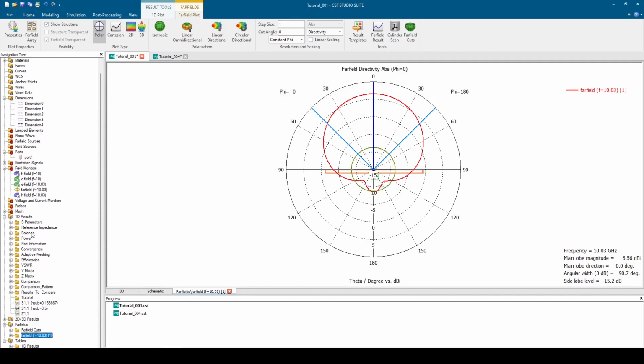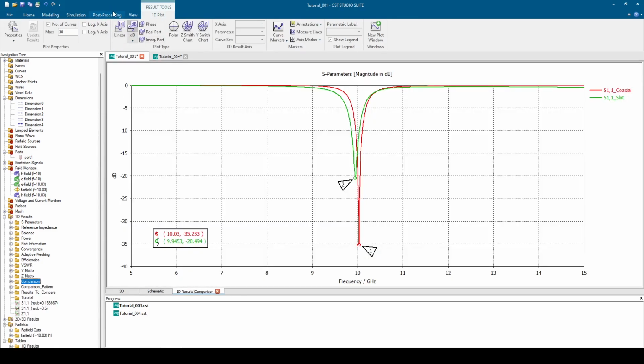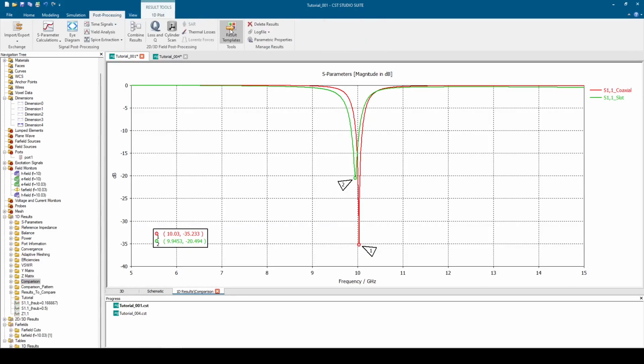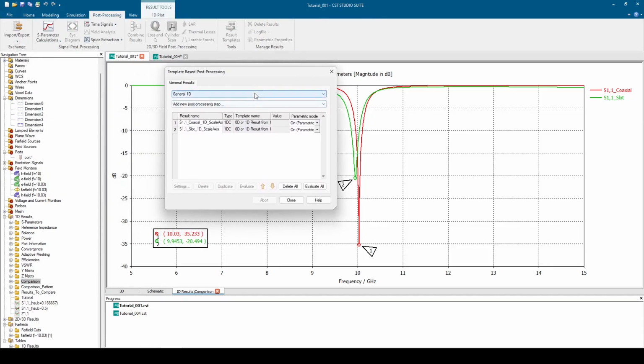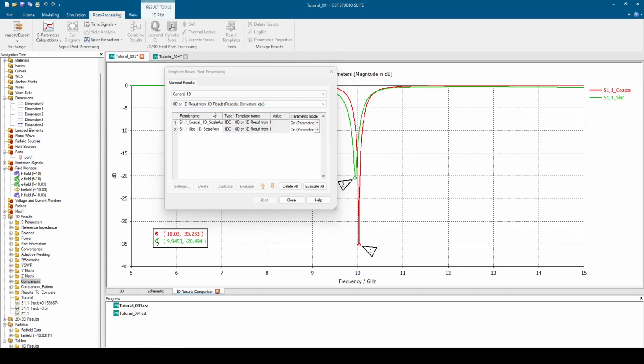And another thing, if I want to scale the axes, so I copied first the two S parameters here. So what I can do, I go to the post-processing results template, and then to open this window, I go to general 1D, and I add from this window 0D or 1D. Okay.